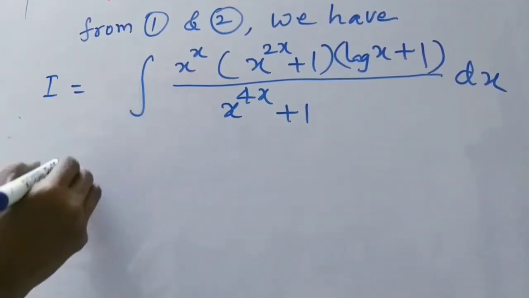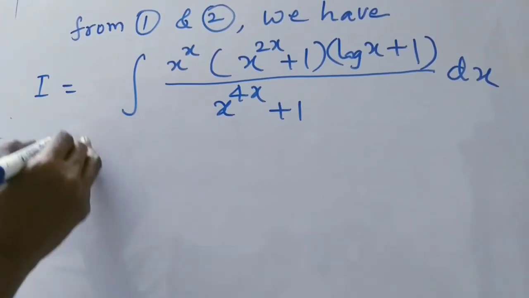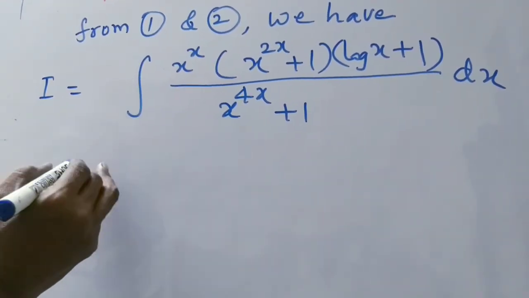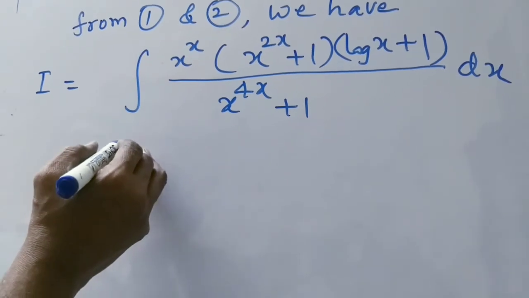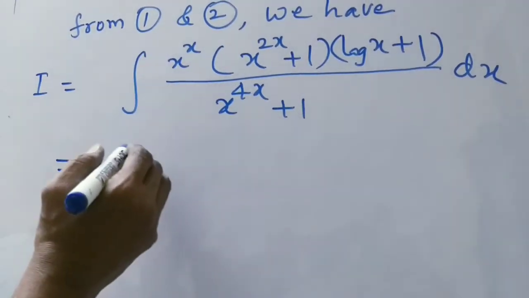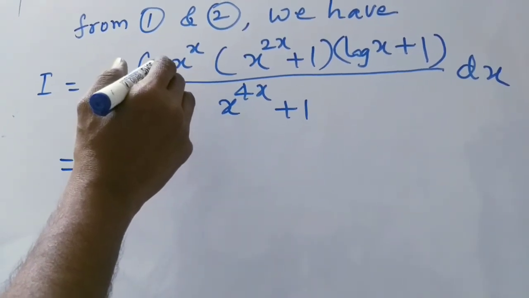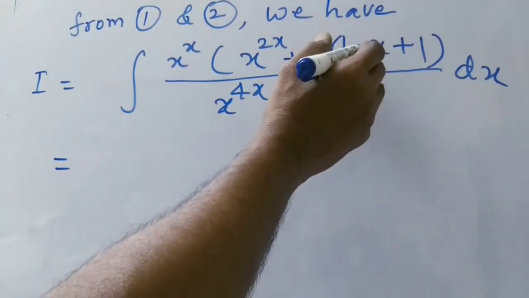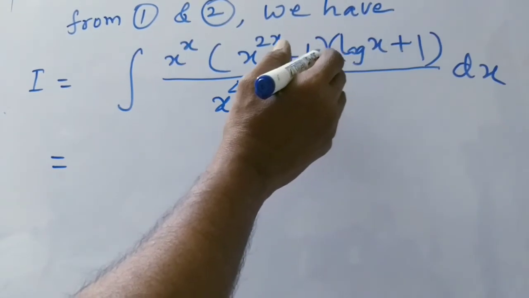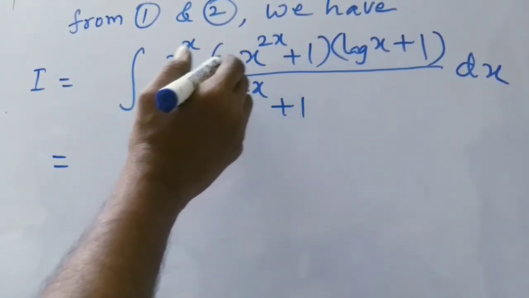Here x to the power of x into log x plus 1 dx is equal to dy.